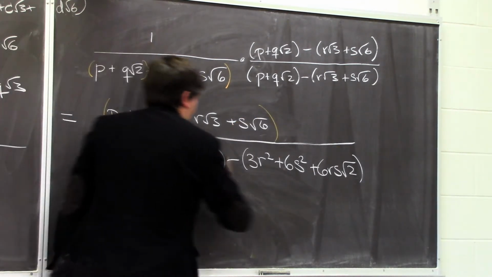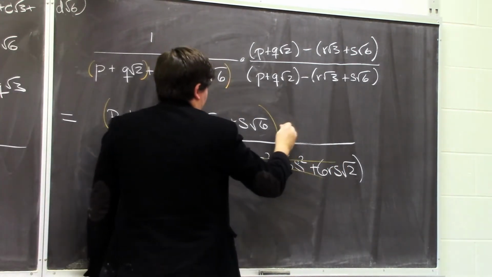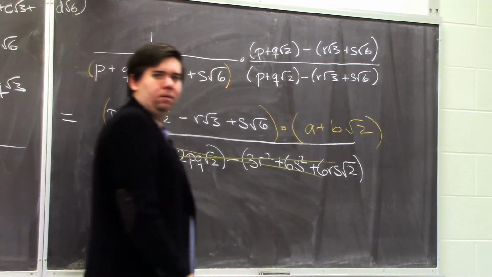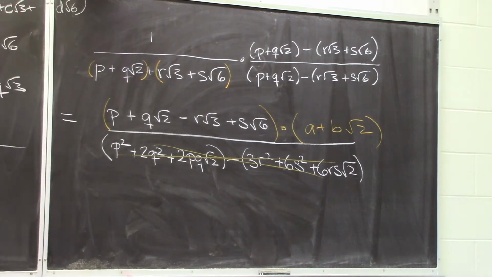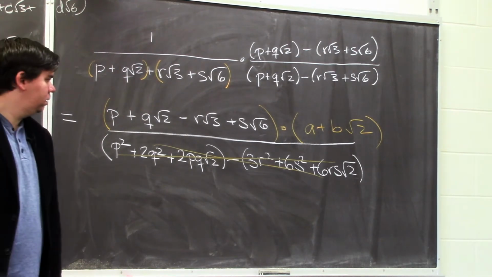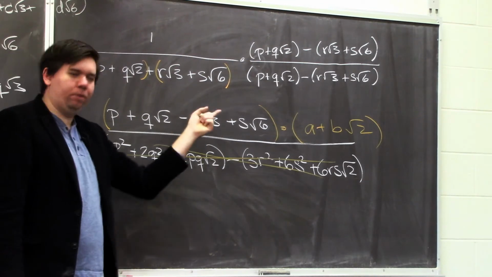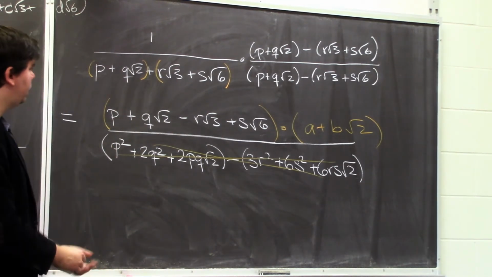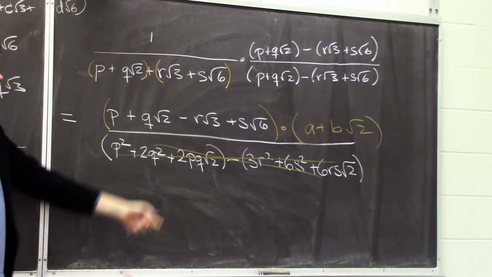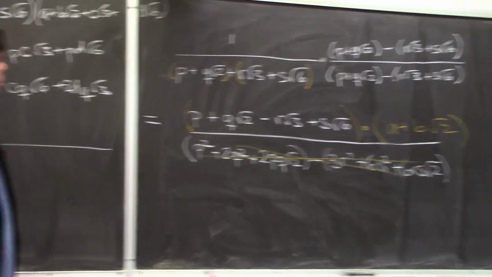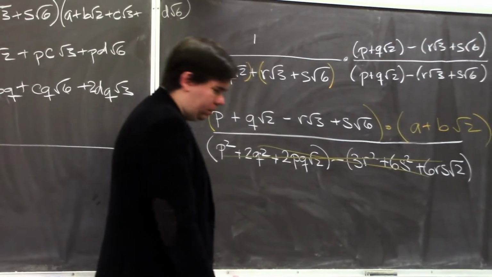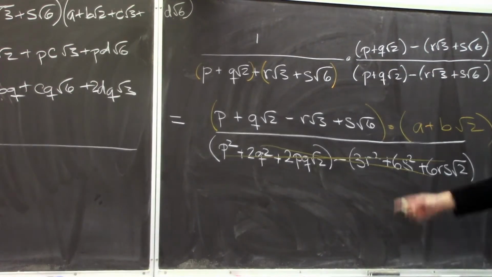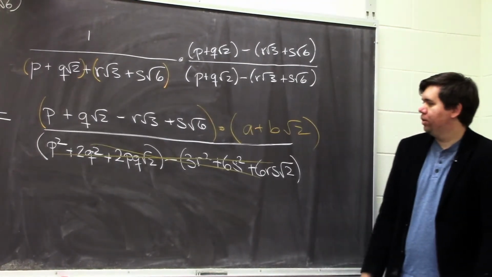Instead of dividing by all this, you're just multiplying by some A plus B root 2. But then you can show that when you multiply that out, it's still of the right form. So sure enough, this is closed under multiplicative inverses. So in particular, every non-zero element of the field has a multiplicative inverse. Okay, great.